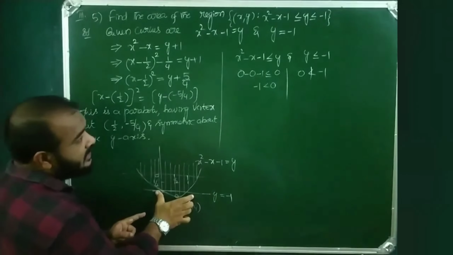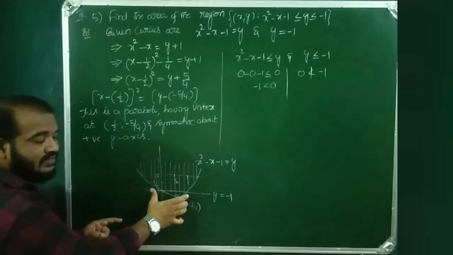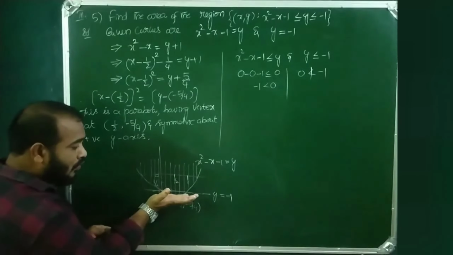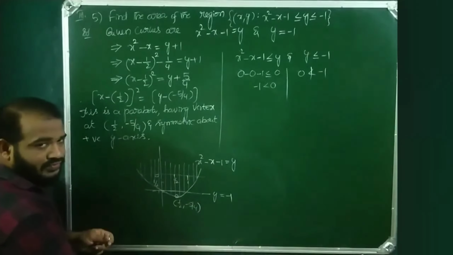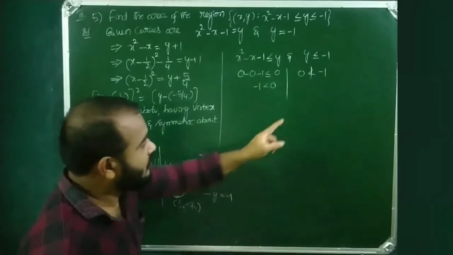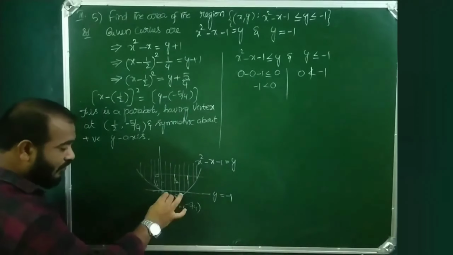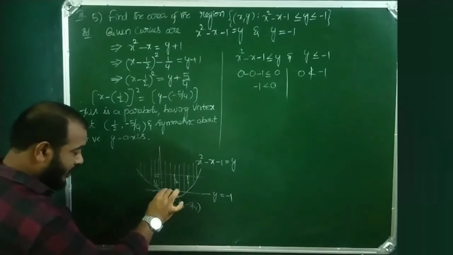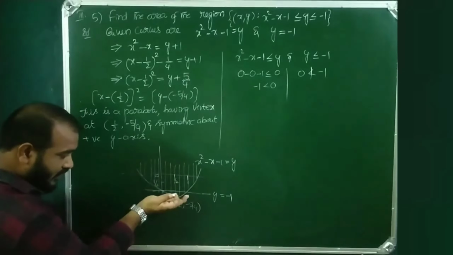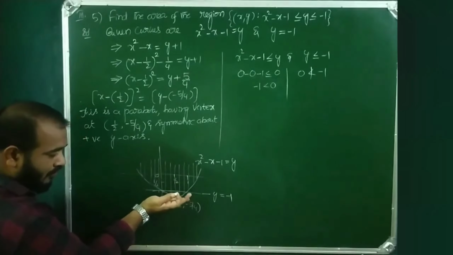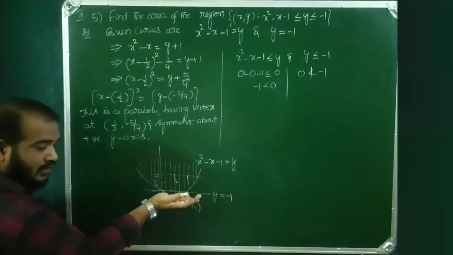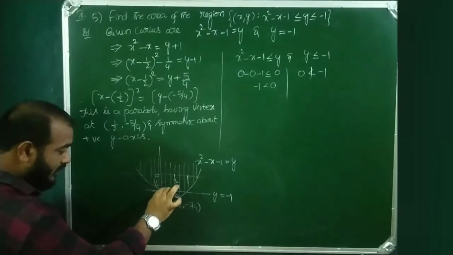Okay. Y less than or equals to minus 1 is an inequality. That is the half plane towards upside or downwards, that we know. But here 0 less than or equals to minus 1 is not satisfied. So therefore, it will be downwards. It did not fulfill the above side. Therefore, it will be this side.